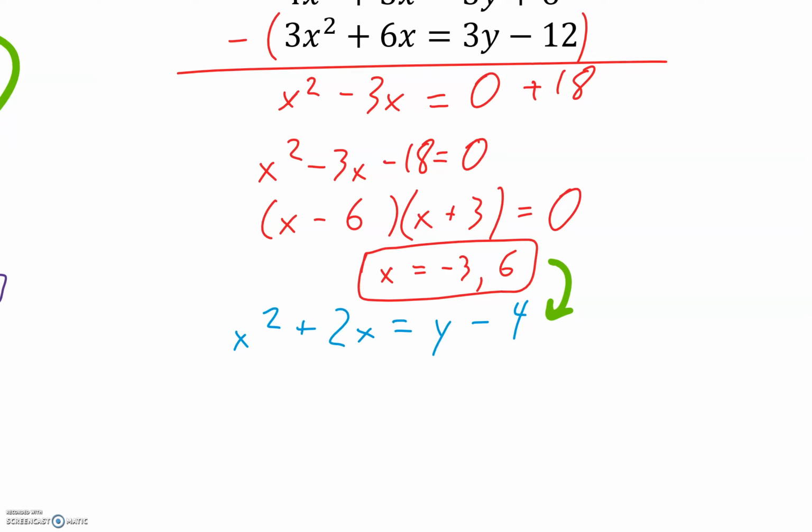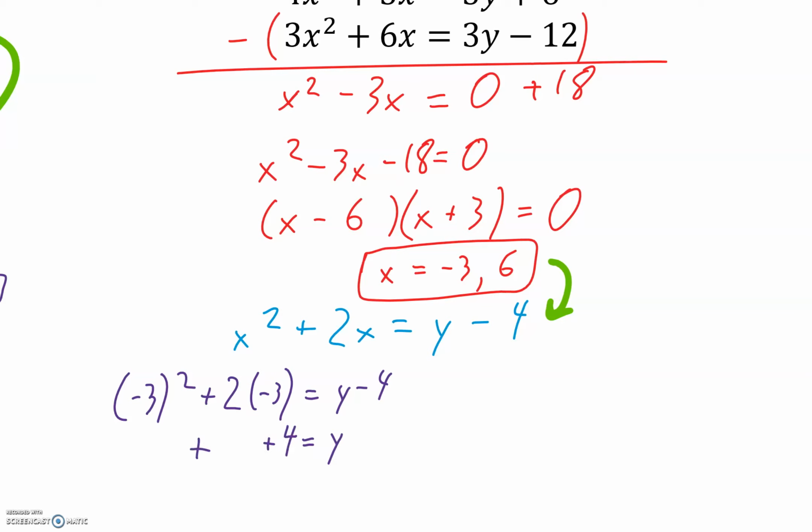So now we can put our values in. So negative 3 squared plus 2 times negative 3 equals y minus 4. I'm going to move the minus 4 over, so we're going to have just y on this side plus 4 on this side.